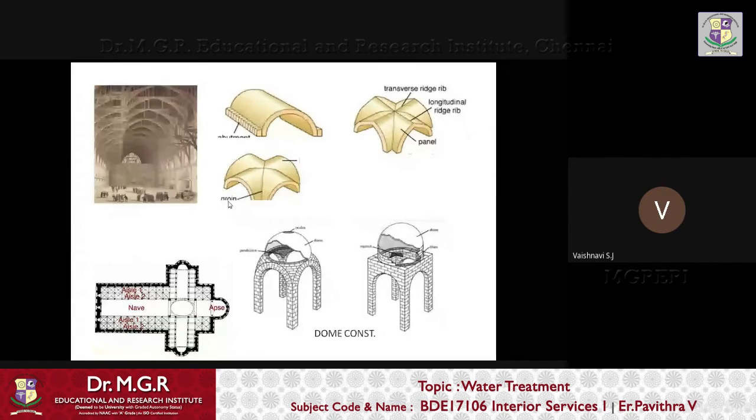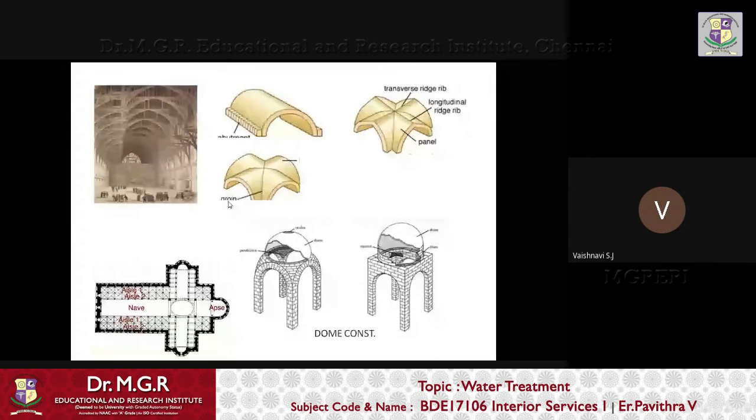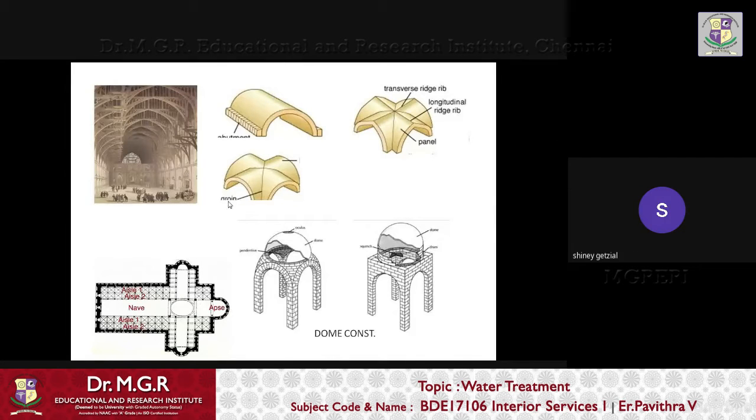So the first one is Romanesque style or Gothic style? Gothic style, ma'am. Romanesque, ma'am. No, ma'am. Roman is rounded arches. Rounded arch, okay. I didn't ask about that. I'm asking about the roofing. Romanesque style is correct.